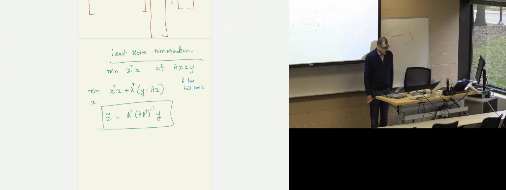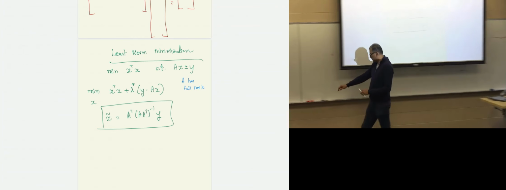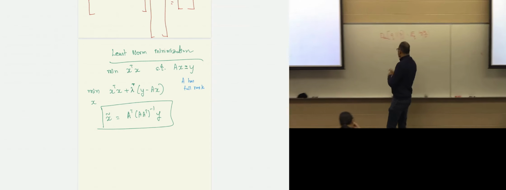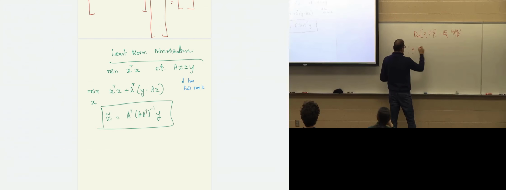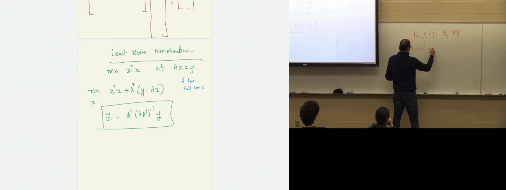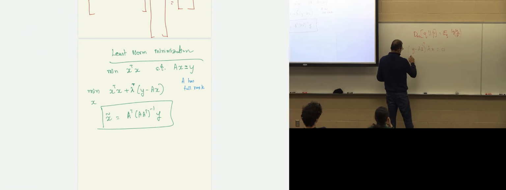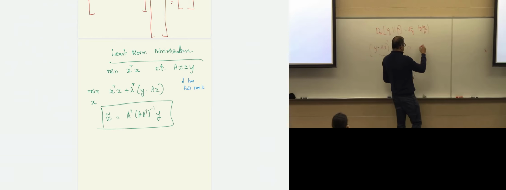So just like we had a very interesting property previously, what did we have? We had something like (y minus A x hat) transpose A x equal to 0. This is the residual, and this was least squares.